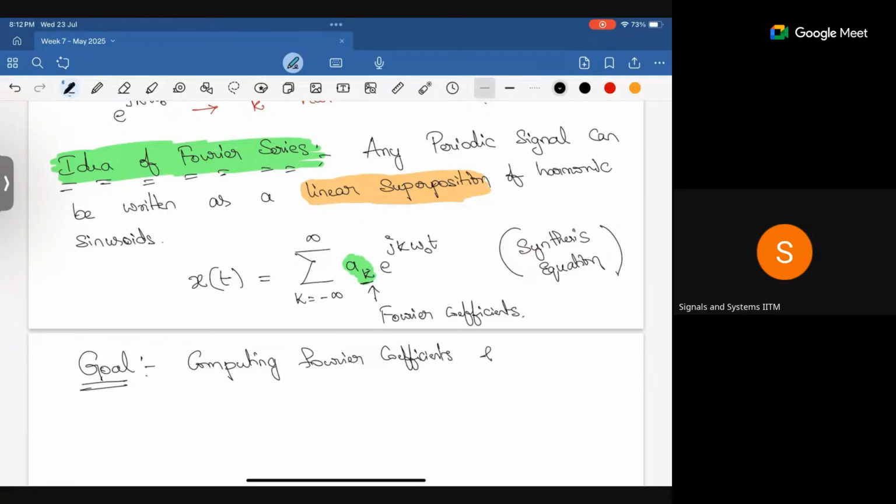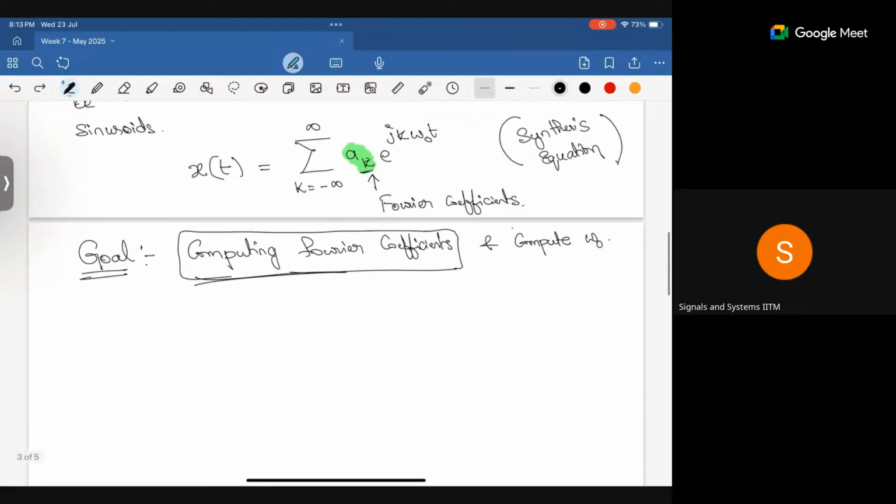And also a chota goal, or small goal, is to compute omega naught. So this should be done first. Then only you can come back and compute the Fourier series coefficients. So we compute omega naught also. That we have to do anyway. But this is our primary goal. Okay.